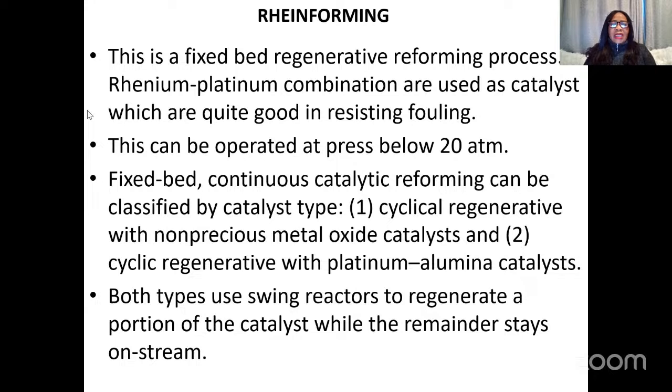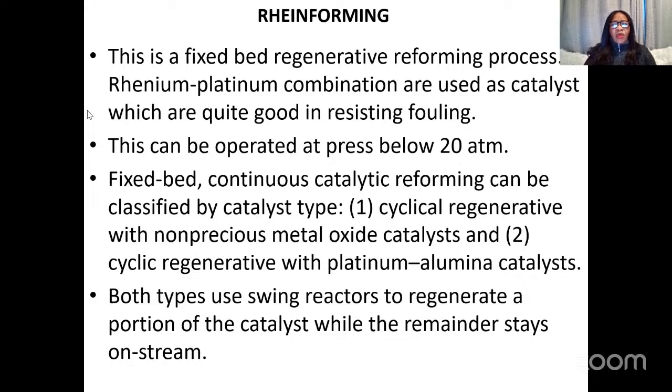In both cases, they use what are called swing reactors. The reactor, of course, is where all the reactions take place. What we mean by swing reactor is that you have two reactors. One reactor is operating while the other one is waiting.